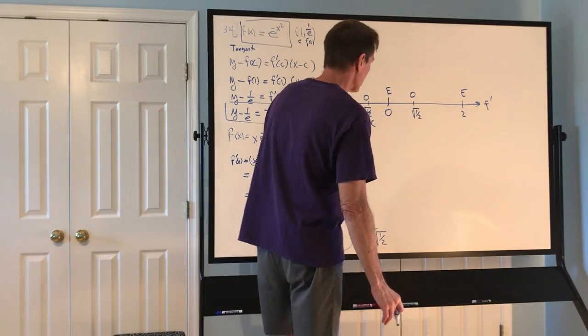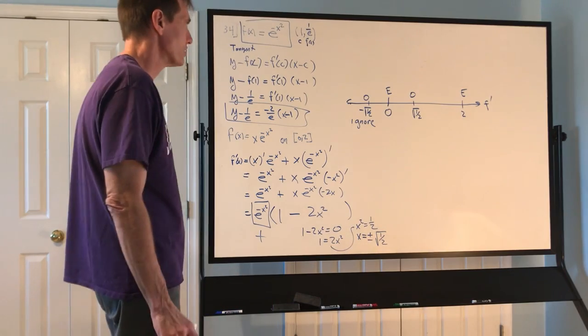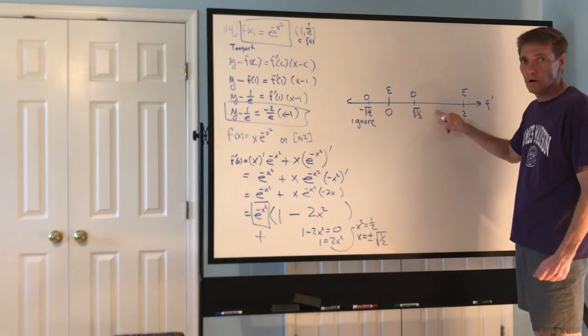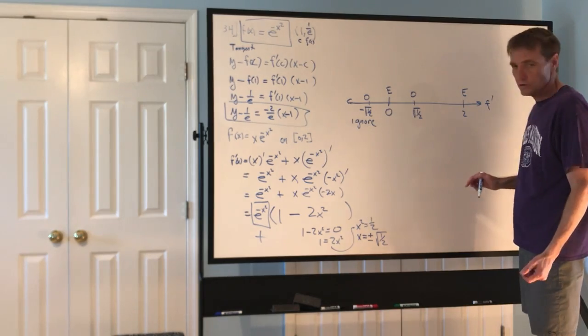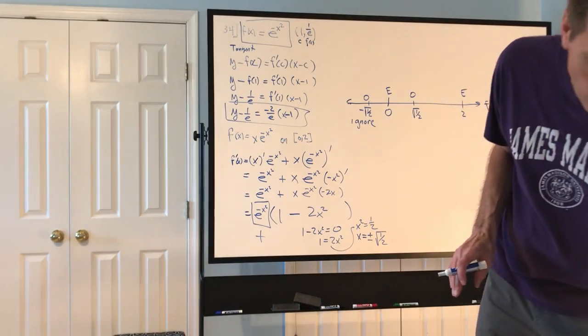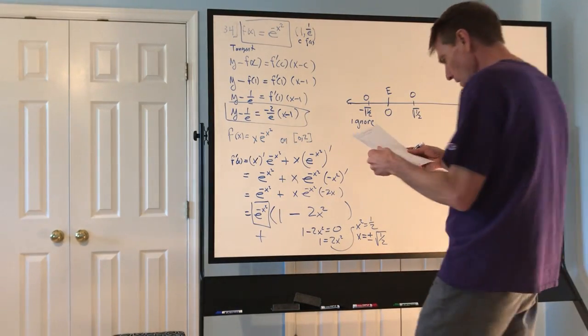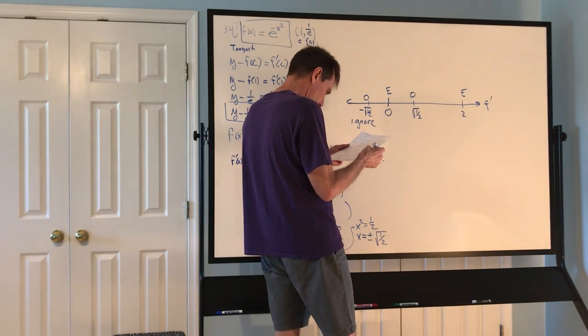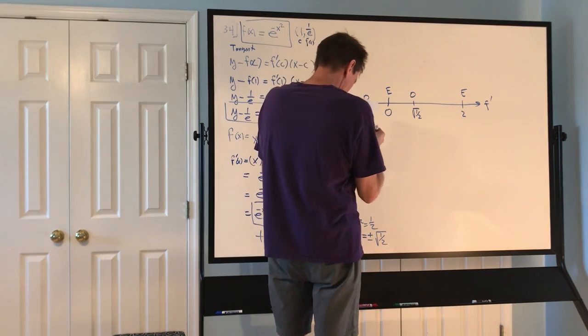Okay, so now what I have to do is try to figure out what's going on with this sign and what's going on with that sign. So it might be nice to know what the value of the square root of 1/2 is. Let me see if I actually wrote that down.